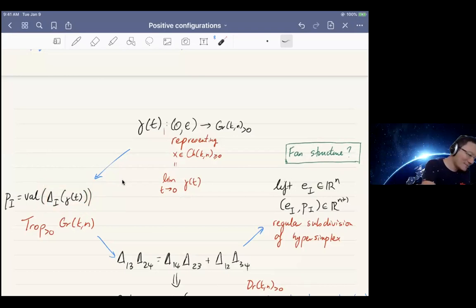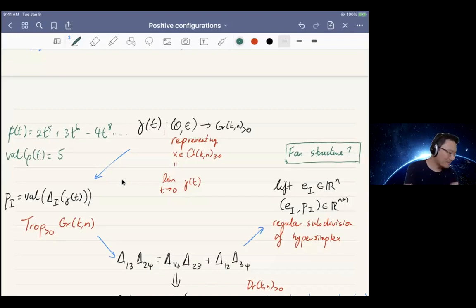So let me write this out. If P of t is equal to 2t to the 5 plus 3t to the 6 minus 4t to the 8, dot dot dot, then the valuation is 5. It's the first non-vanishing degree.